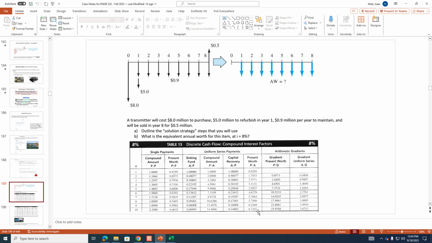You don't have to do that. The table is on the back side of the paper, the 8% table.